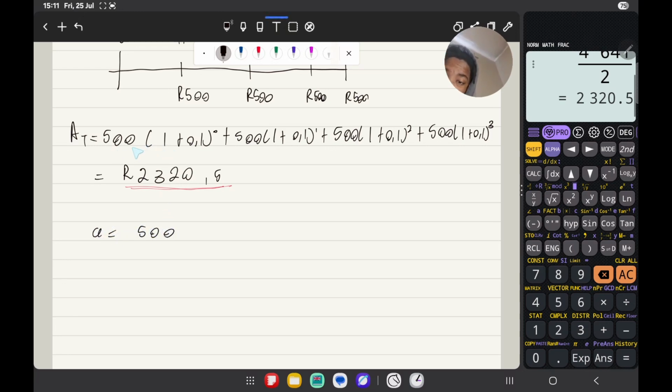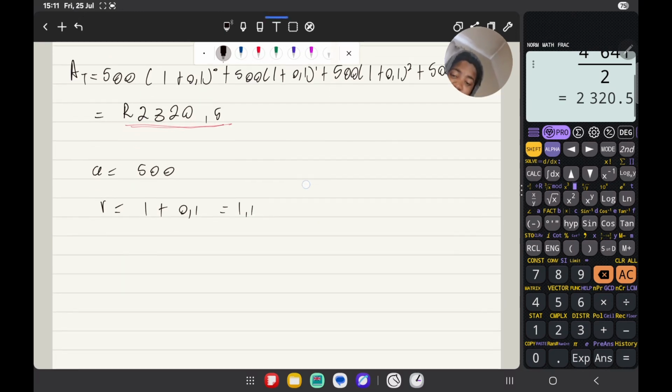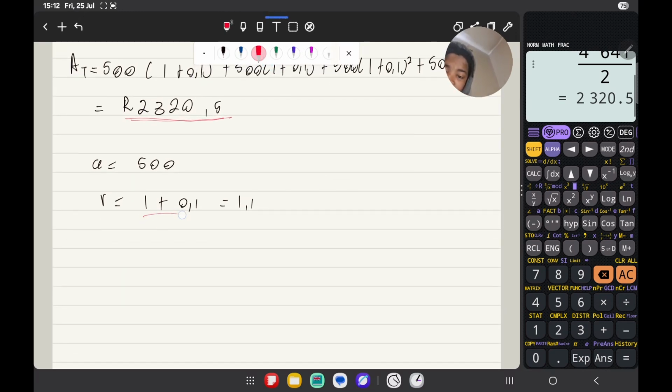Here is A, because this is just 500, and then you have R, which is 1 plus 0.1, or you can say it's 1.1. Writing it this way would be more helpful later on.